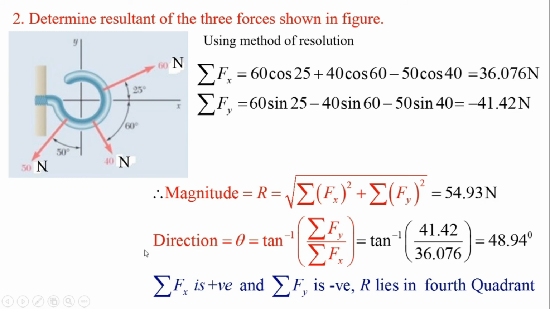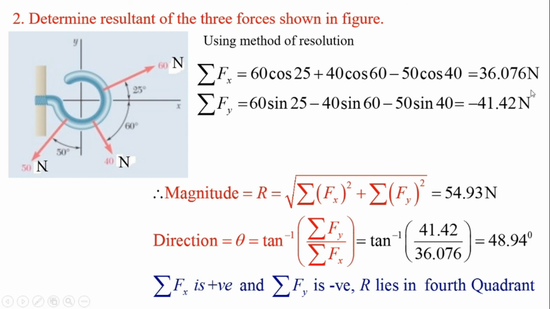Okay. And the direction of resultant, since resultant is a vector quantity, we have to determine its direction as well. Direction theta is equal to tan inverse of summation Fy upon summation Fx. Here we are not considering the plus minus sign for Fx and Fy. So, tan inverse of summation Fy, only magnitude I am considering, 41.42 upon 36.076, and thus theta is equal to 48.94, and this is the direction of resultant.